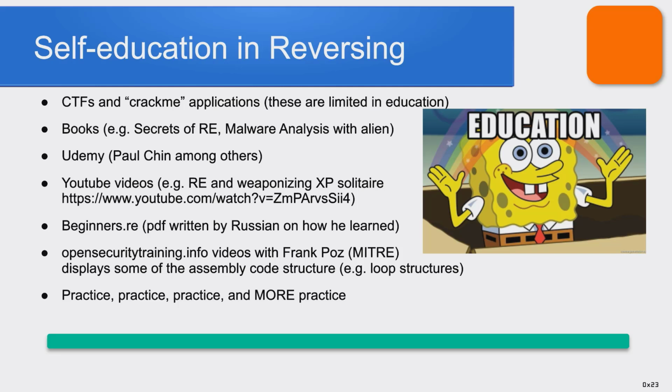Then you've got beginners.re. This is a PDF written by a Russian on how he learned. This one requires a donation, or he would like a donation, I think is what it comes down to. But anyway, this is over 1,000 pages on how he learned it.